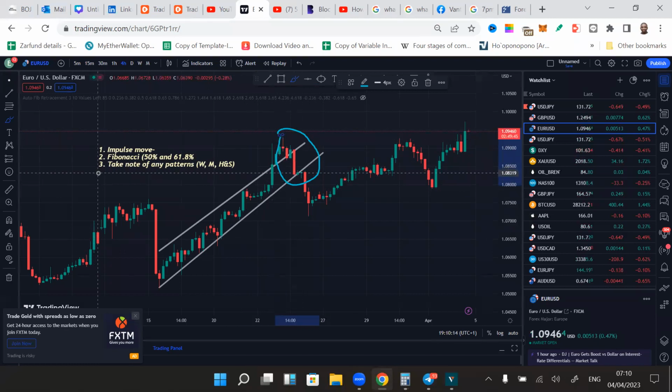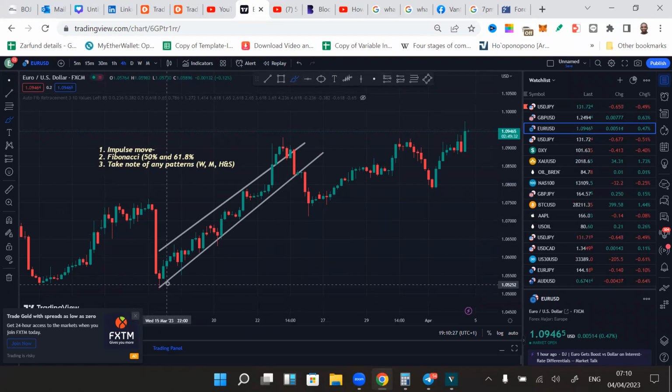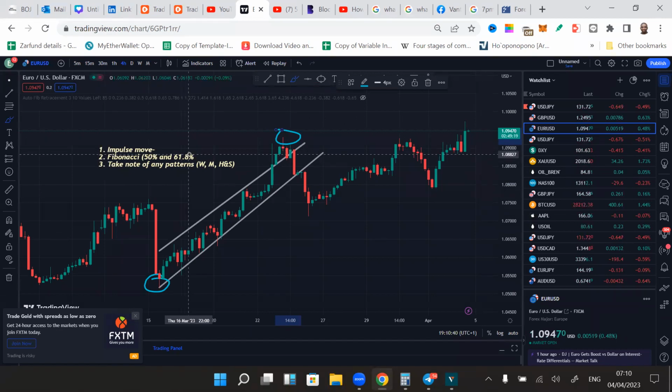That's the first thing you want to do. You want to look for an impulse move like this. Once you've found an impulse move, look at the bottom of that impulse move and the top of that impulse move. What did I say? Take out your Fibonacci and focus on the 50 and the 61.8.